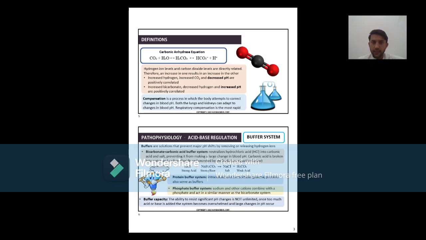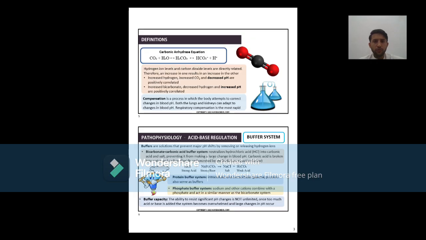Carbonic acid is broken down into water and carbon dioxide and excreted from the body, as shown in the equation. For example, a strong acid such as HCl and sodium bicarbonate, when dissolved, make sodium chloride and weak carbonic acid.